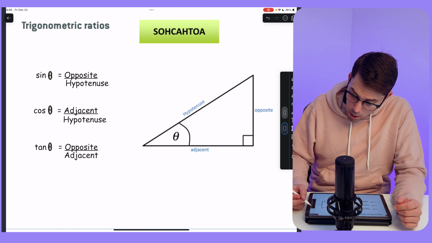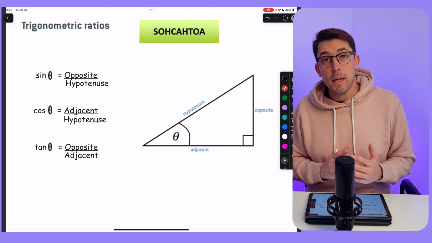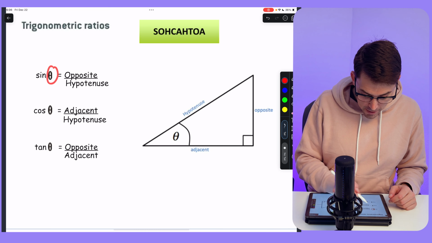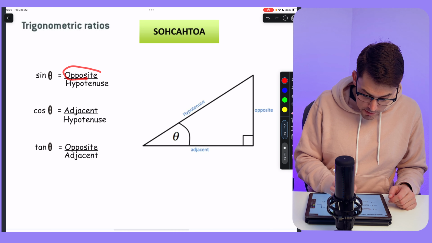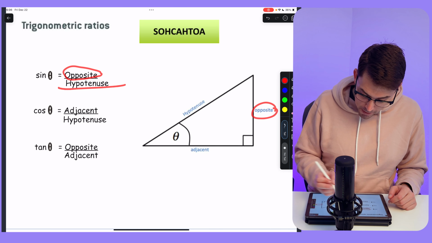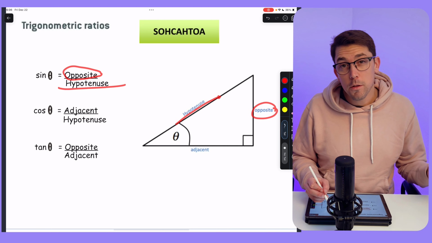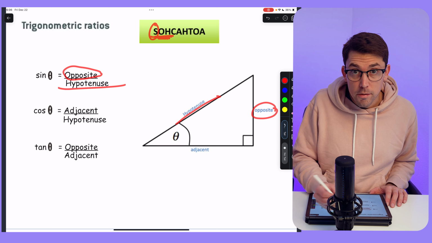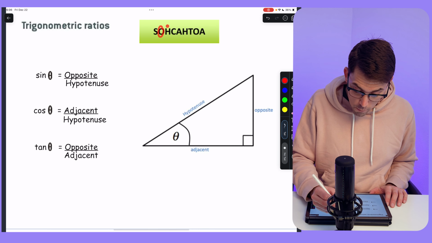Now, what does SOH CAH TOA actually mean? It means that when we are taking the sine of theta, that is equal to the opposite value divided by the hypotenuse, whatever those numbers happen to be. That's where SOH comes from: sine is equal to opposite over hypotenuse.